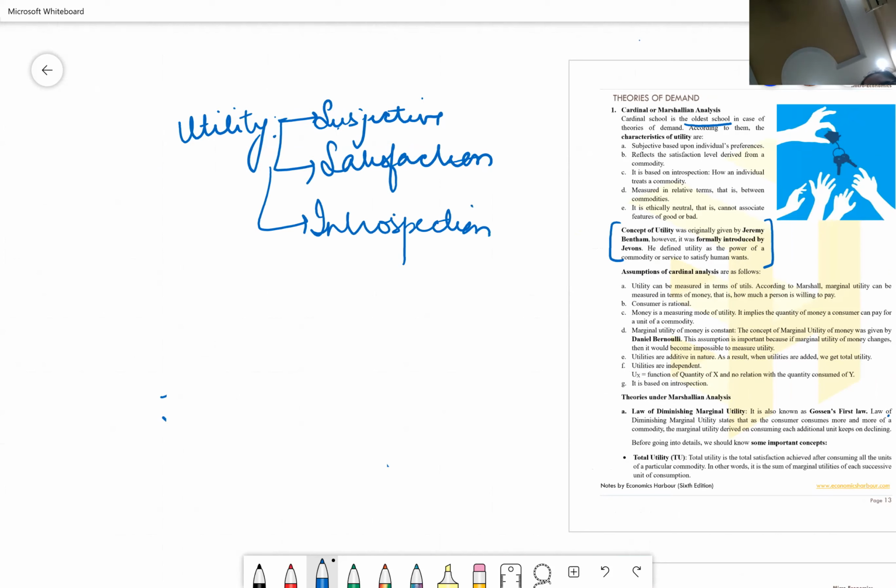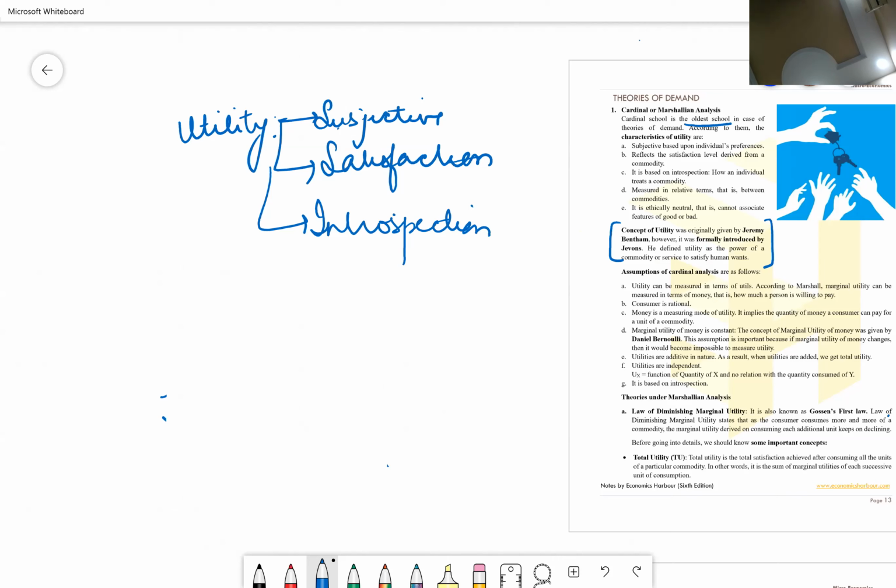Introspection means how an individual treats a commodity, how an individual values a particular commodity. It differs from one individual to another. Every individual perceives the same commodity or service differently, right?